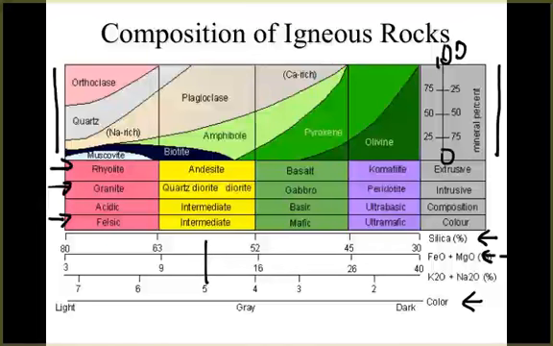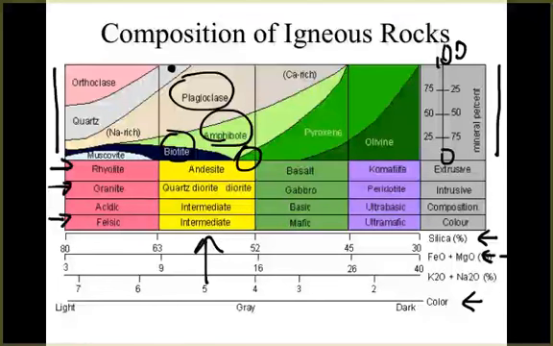So if you're looking at a generic intermediate rock, you expect to see some quartz, some plagioclase, some hornblende, some biotite, and maybe a little bit of pyroxene. If you're looking at an ultramafic rock down here, you're looking at a rock that is dominantly olivine and pyroxene, probably doesn't have any plagioclase in it.